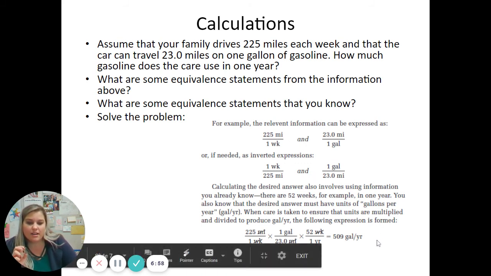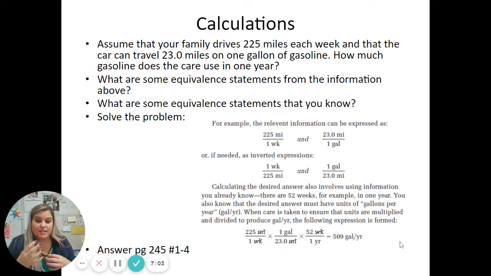And then down at the very bottom here, I showed you specifically how to calculate it, right? We would take that 225 miles. We would say 23 miles is 1 gallon. So we divide by 23 to get our 1 gallon. And then we want to know how far that car goes in 1 year. Well, we know that in 1 year, we have 52 weeks.